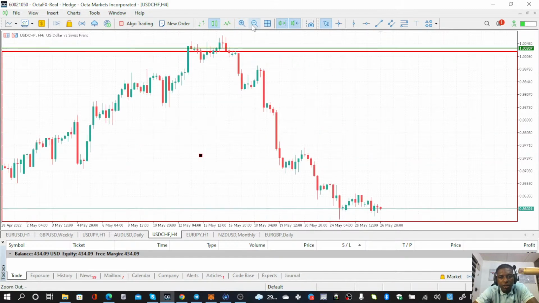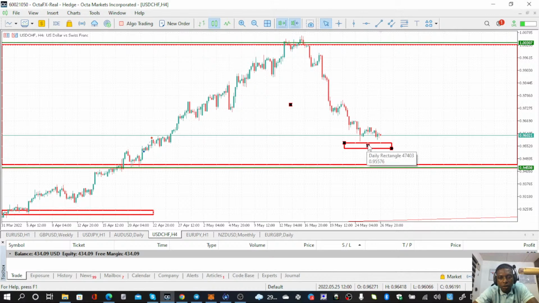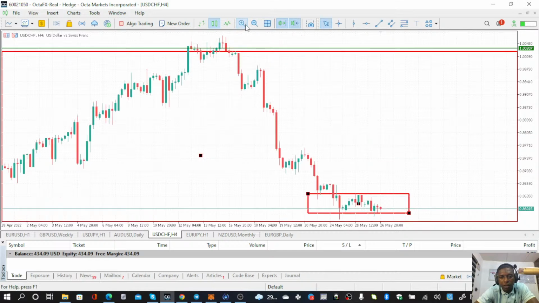The choppy market that I'm talking about. Can you see this? Now this is the choppy market I'm talking about. So this choppy market is a good entry point for us.